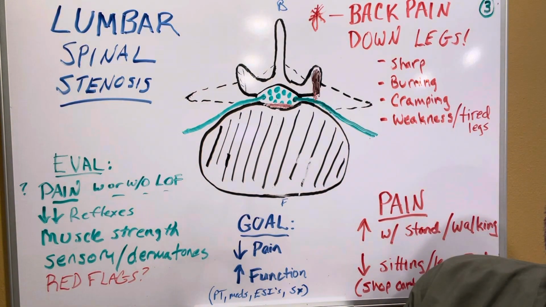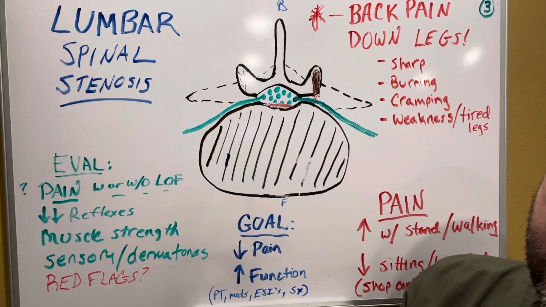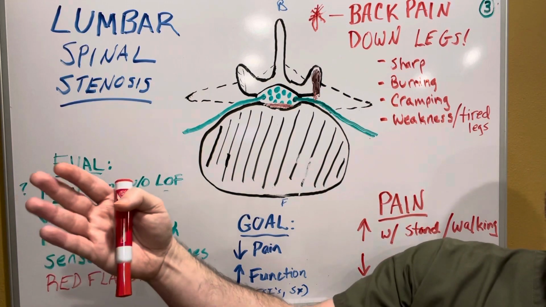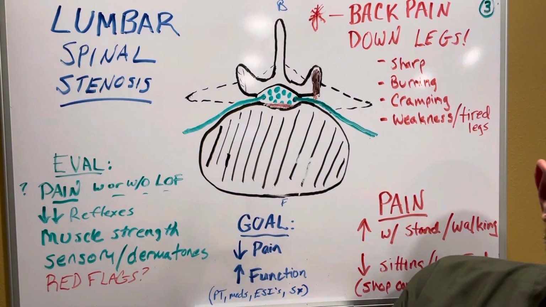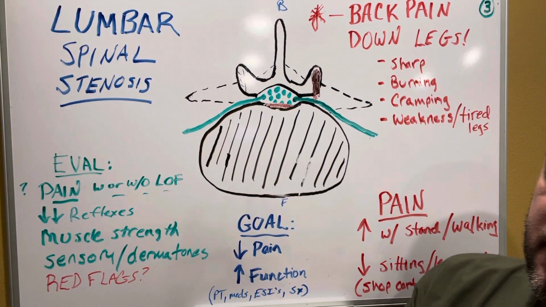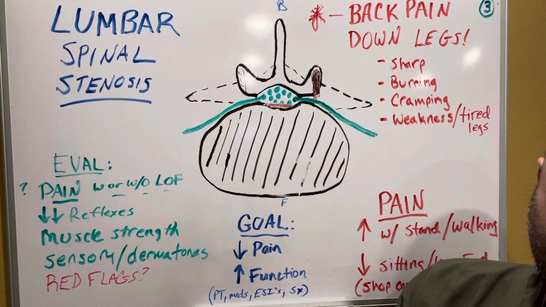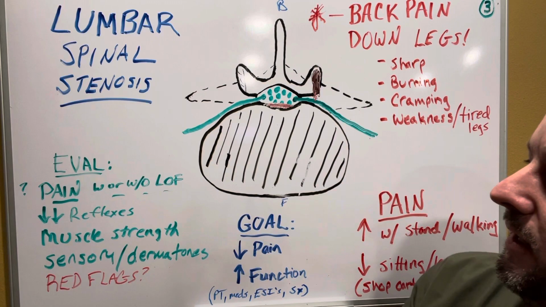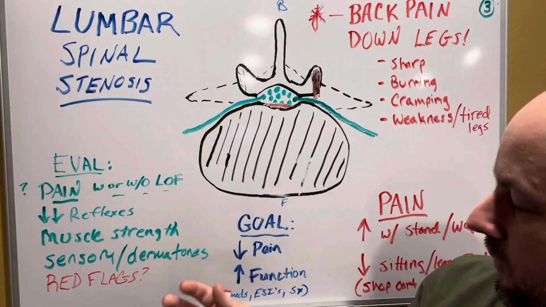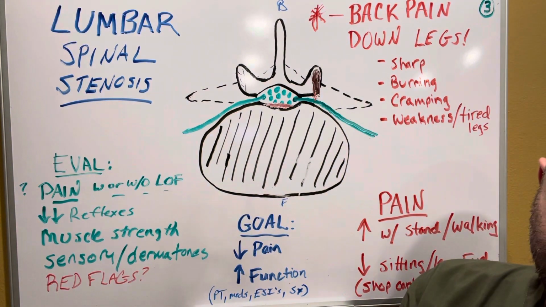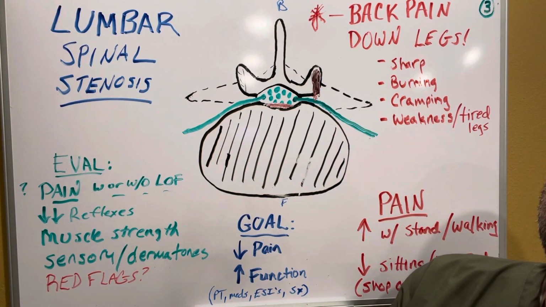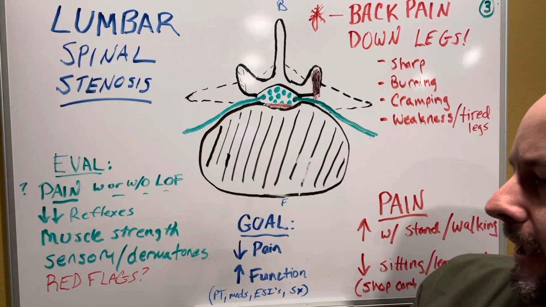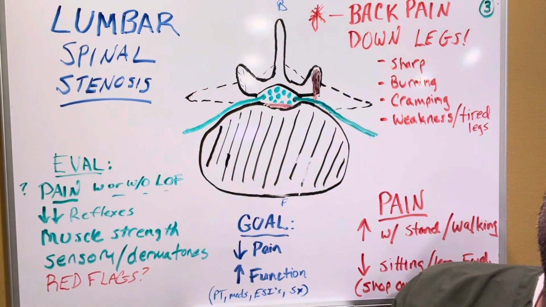And if we do detect loss of function, in other words, weakness in the legs, their distance of walking gets shorter and shorter and shorter, their time spent walking is less, they don't want to walk as much because it hurts, then we really have to make a decision. Do we want to have a neurosurgeon or orthopedic spine surgeon take a look at them if they haven't already?